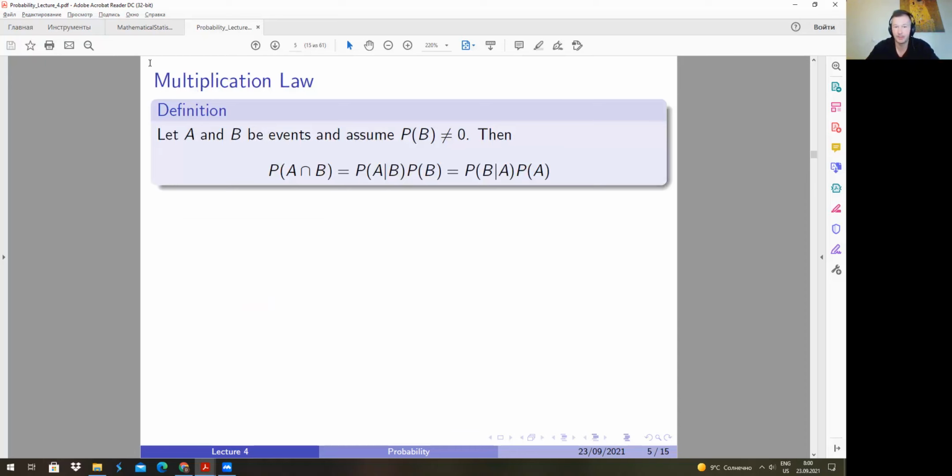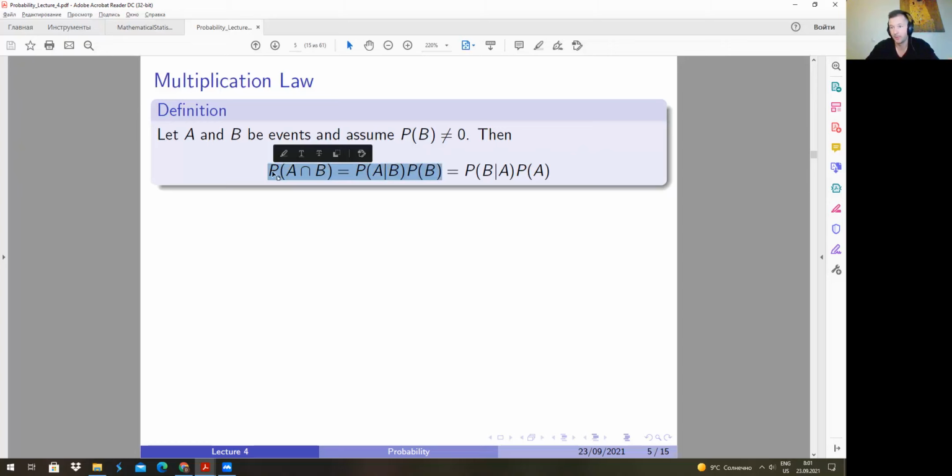So now there is a multiplication law, which is the consequence of this definition of a conditional probability. We have two events, A and B, and the probability of B is non-zero. Then the probability of A and B together equals the probability of A given B times the probability of B. Look, this part is something that you already know.